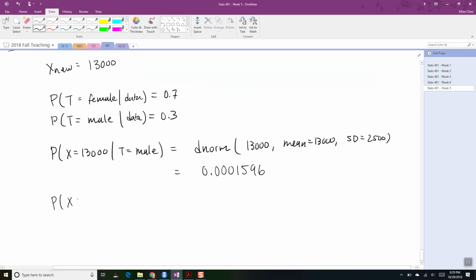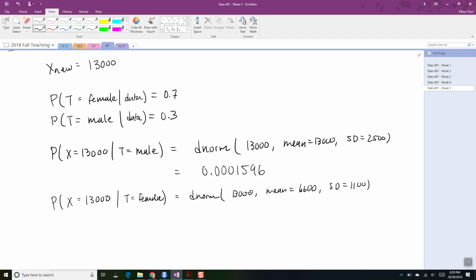Meanwhile, we have the probability that x is 13,000 if we pretend this observation is female. So this is going to be dnorm 13,000. Mean is 6,600. Standard deviation is 1,100. What is 13,000 minus 6,600? It's like 6,400, and the standard deviation is 1,100, so we're like 5 something standard deviations away. So 13,000 minus 6,600 divided by 1,100.